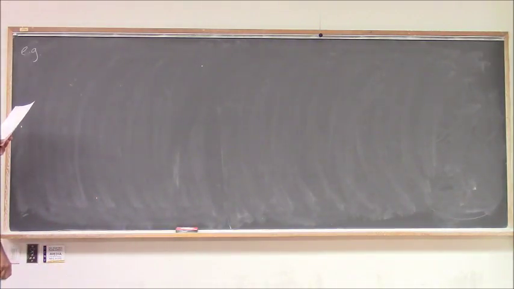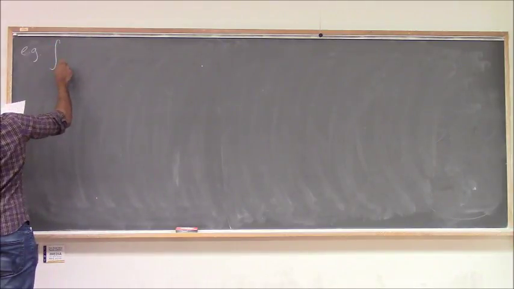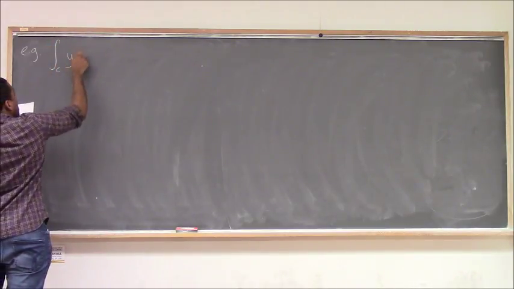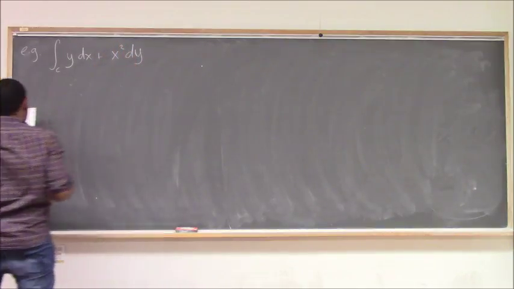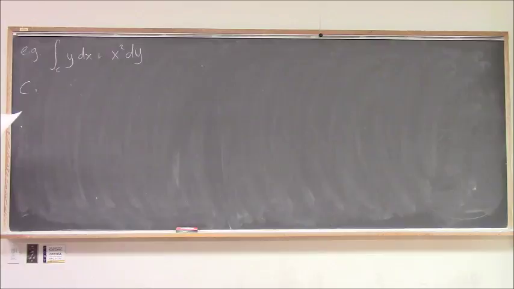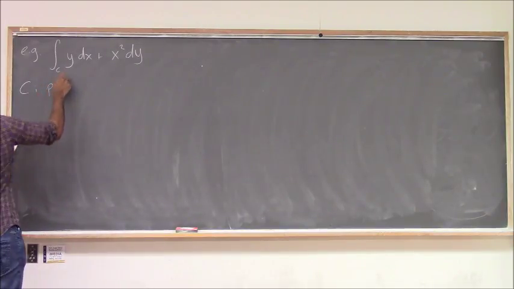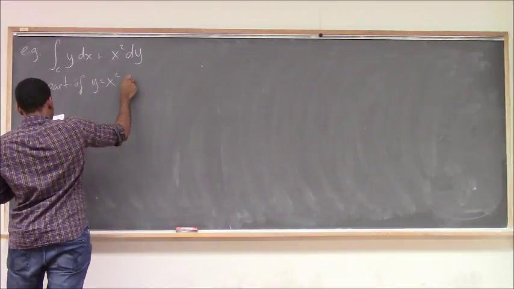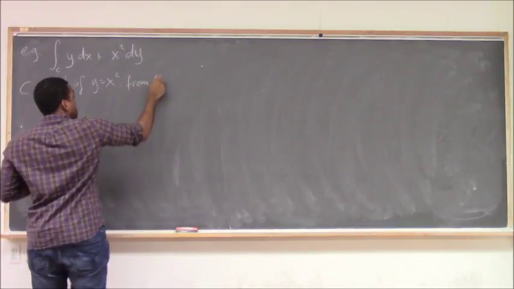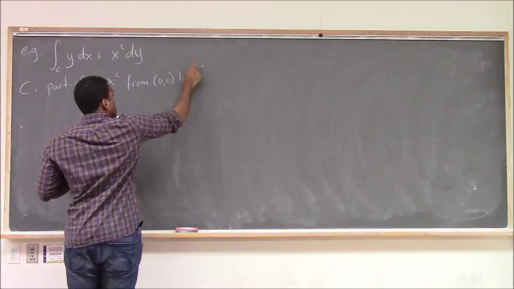These are with respect to x and y. Here's C. It's the part of y equals x squared from 0, 0 to 2, 4.